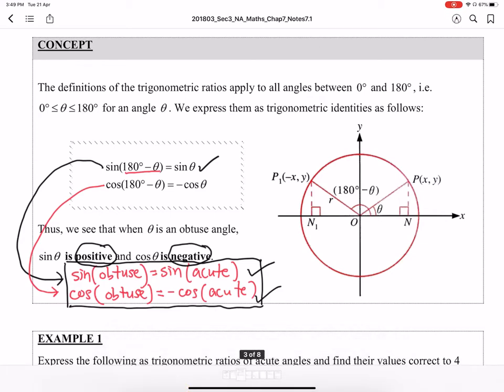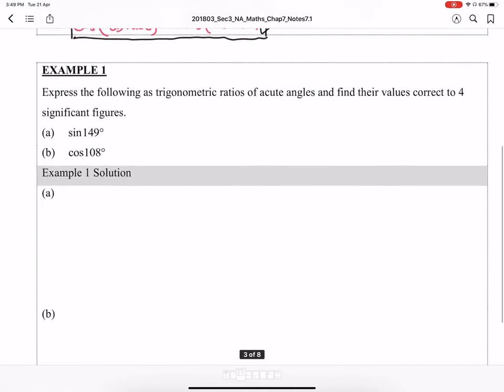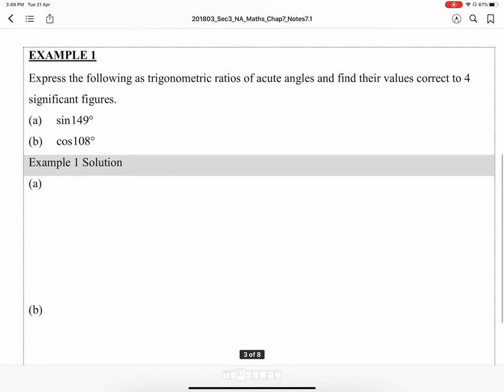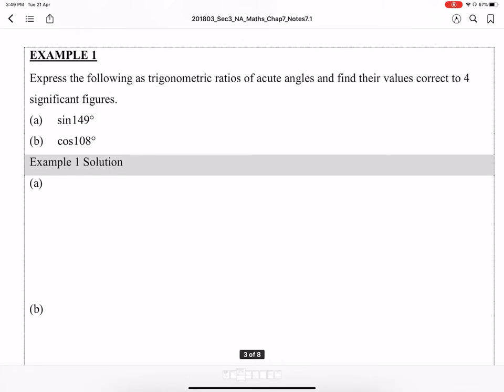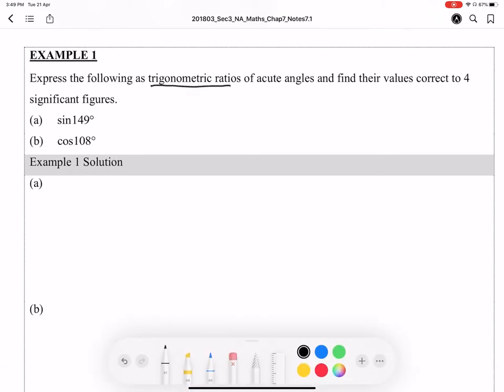Okay, so let's take a look at the first example. Express the following as a trigo ratio of acute angle. So trigo ratio can be sine or cosine of something that is acute. So you can see in the first question, you have 149 degrees. So this is obtuse.